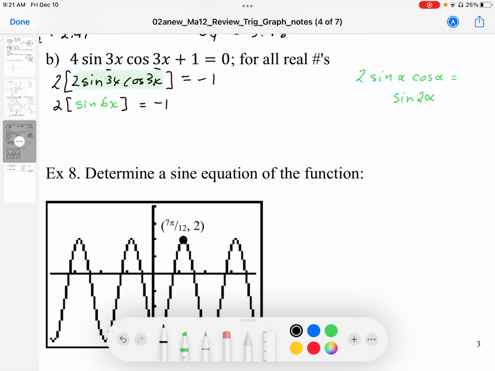So once we have that, we can then solve for sine. So I get sine 6x, and that's going to equal -1/2. That's an exact value, so then I need to find where that is in my circle. So I'm going to draw my circle out here.